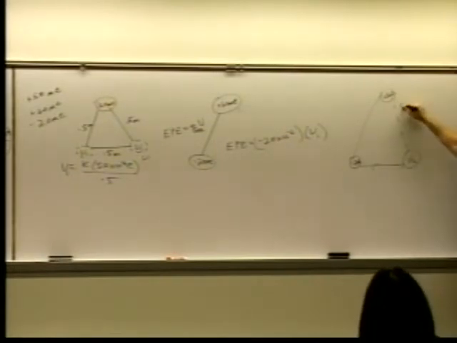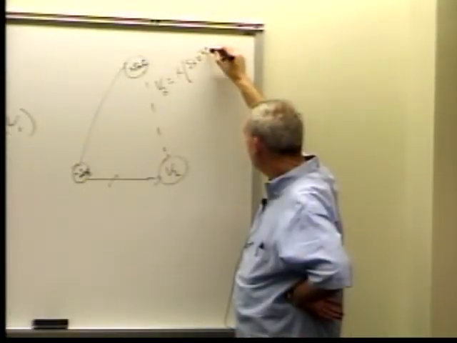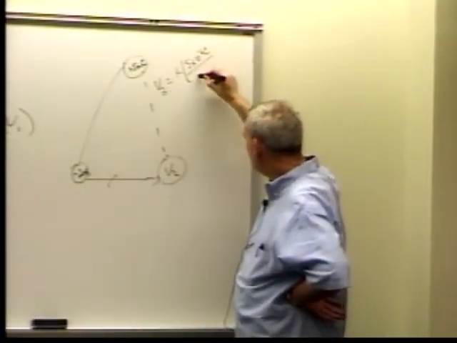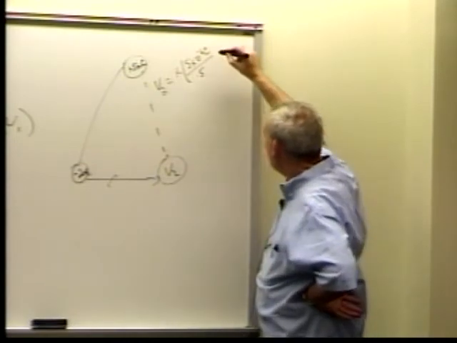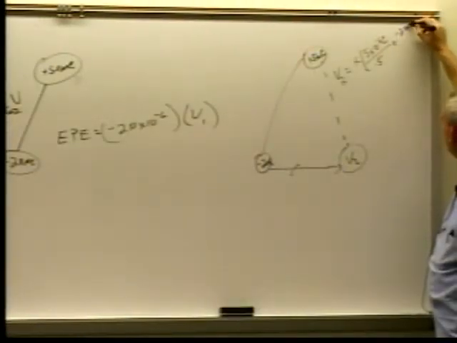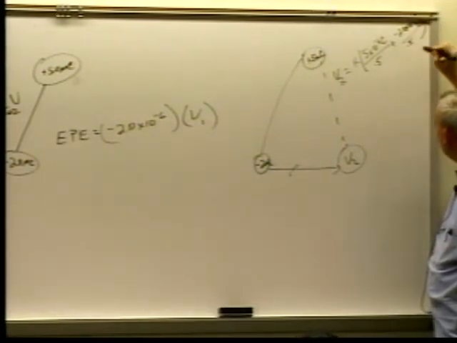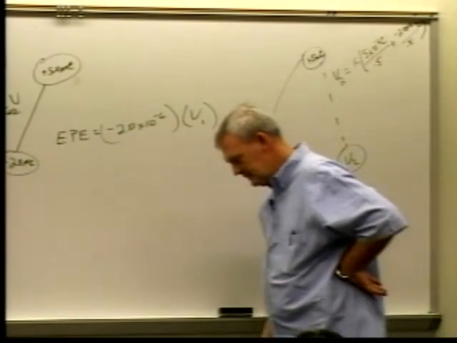So V2 actually equals K times the 5 times 10 to the negative 6 coulombs divided by 0.5, because it's an equilateral triangle, plus negative 2.0 times 10 to the negative 6 coulombs divided by 0.5. That's the new V2.